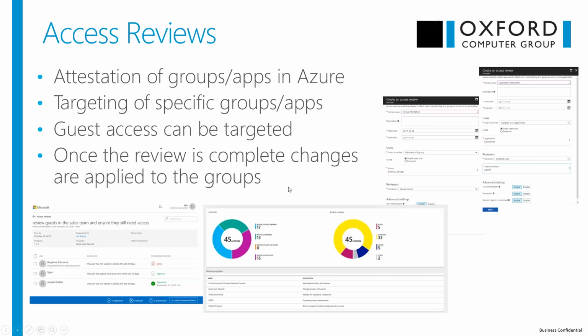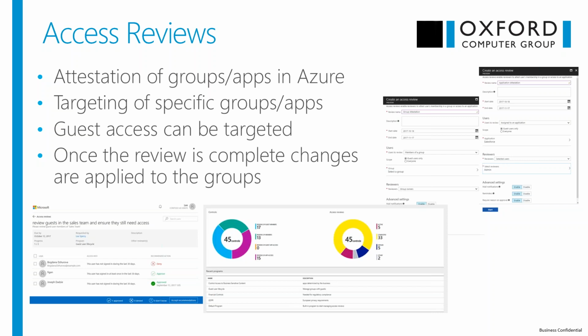I'm almost there. So, access reviews. Keeping in with our groups, if you're familiar with access reviews, it looks very similar to another Microsoft product called Bhold, and Bhold is an attestation role management application that's really designed to handle Active Directory groups on premise.